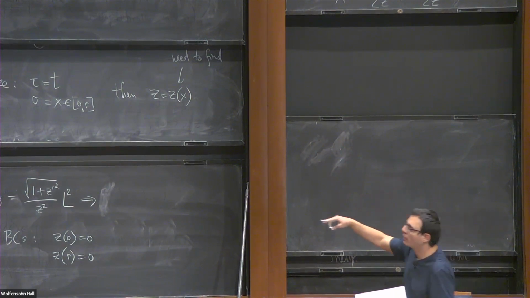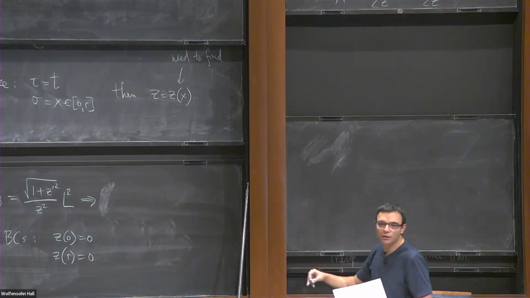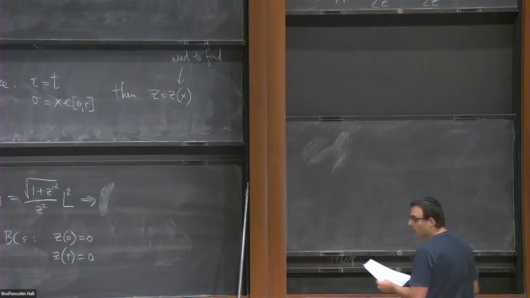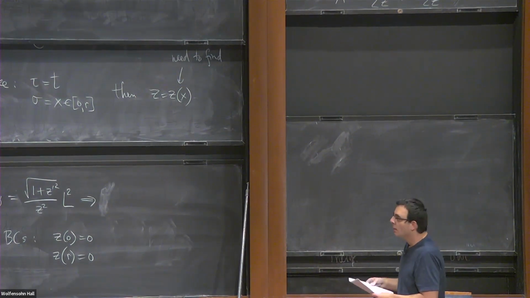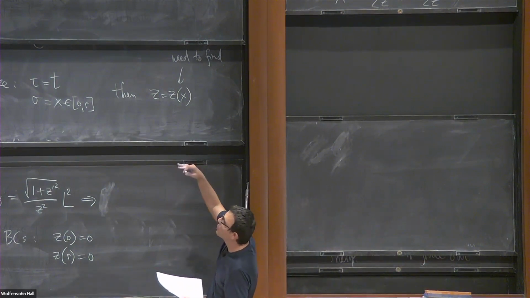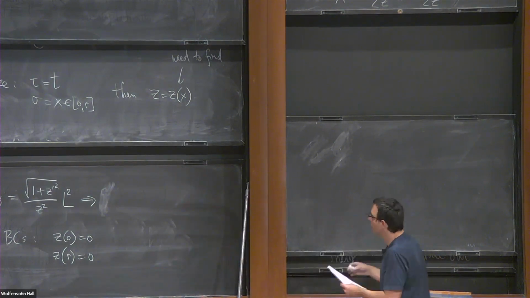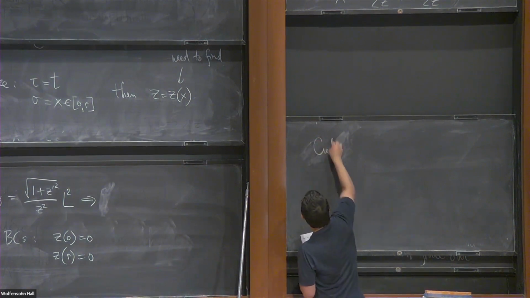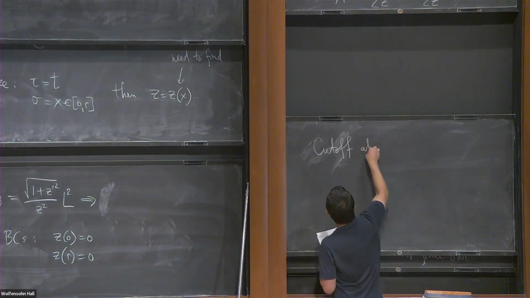It's because of the factor of 1 over z squared in the metric. So it's better to go, instead of going all the way to z equals 0, to cut off at z equals epsilon.